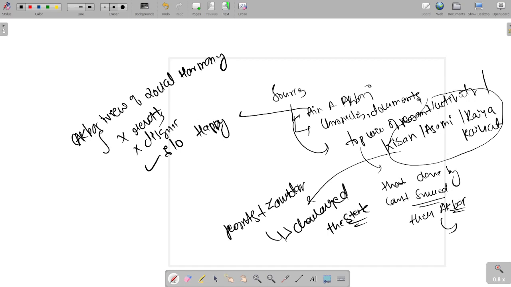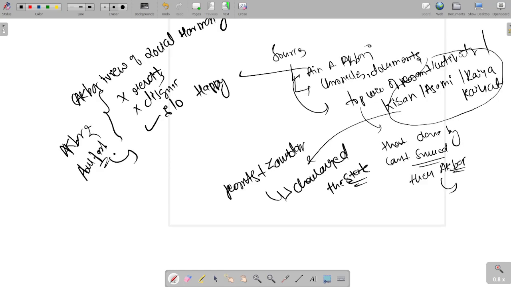This was the view projected by Akbar and written by Abul Fazl. The real conditions would have been different, but we don't get written evidence of it.